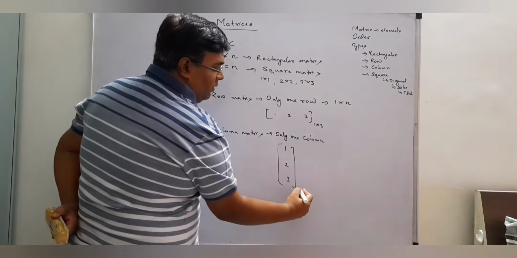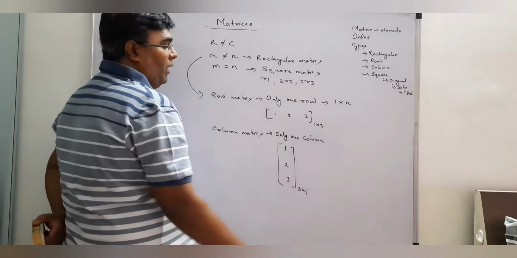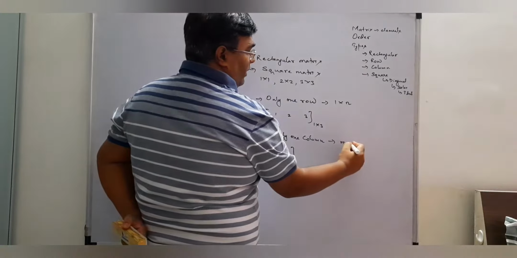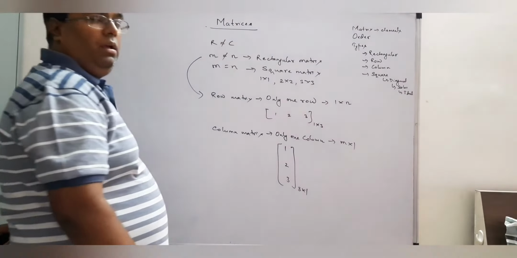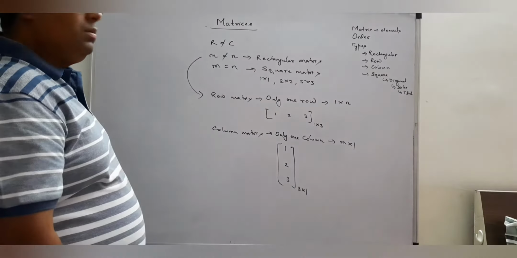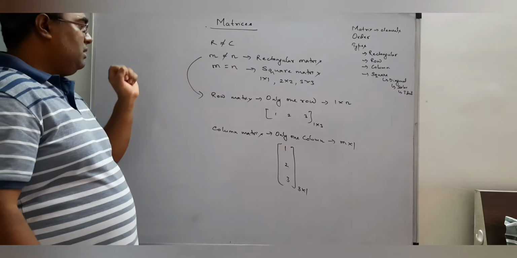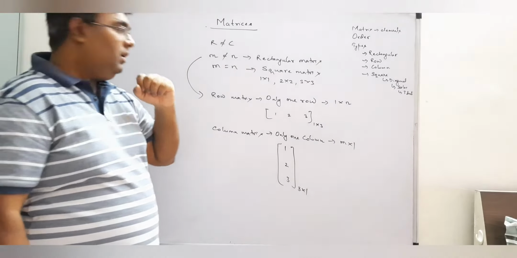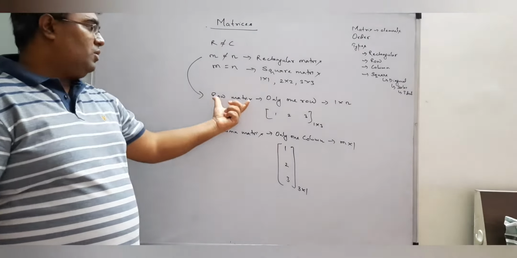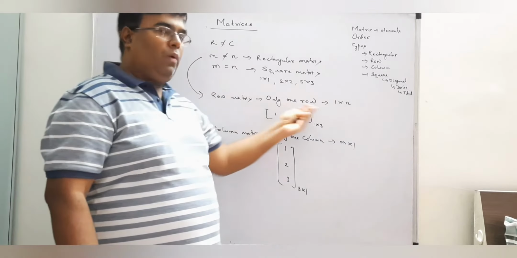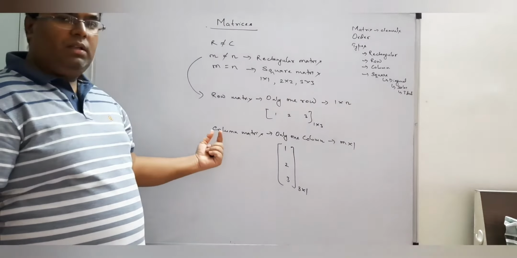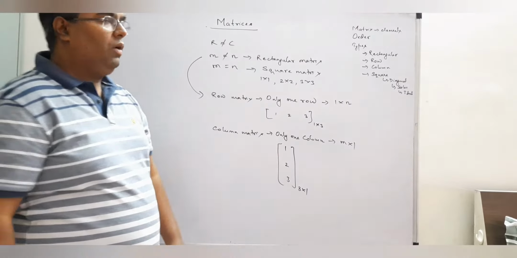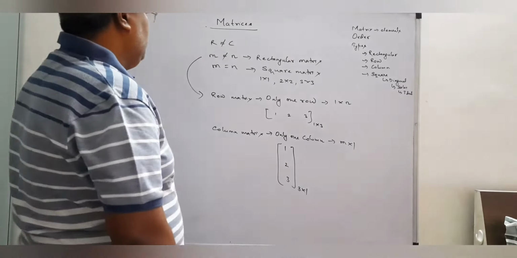The order will be 3 by 1, or in general it will be m by 1. Simple. So in rectangular matrix we have m not equal to n, a row matrix where there is only one row, and a column matrix where there is only one column. Clear?